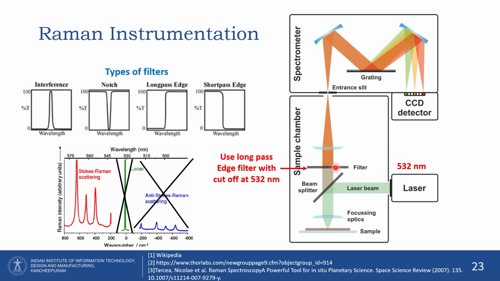Once you use the long pass filter, then you only have the Stokes shifted Raman scattered light, which actually focuses, and then it goes to the spectrometer that we have been discussing in the starting. So we have a mirror over here that goes to a dispersive media such as a grating, and then it disperses all the different components of light in different angles, and then it goes to a detector.